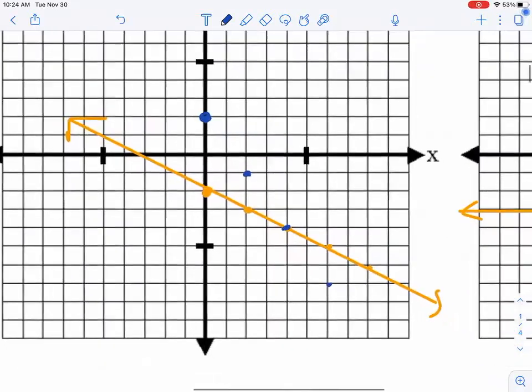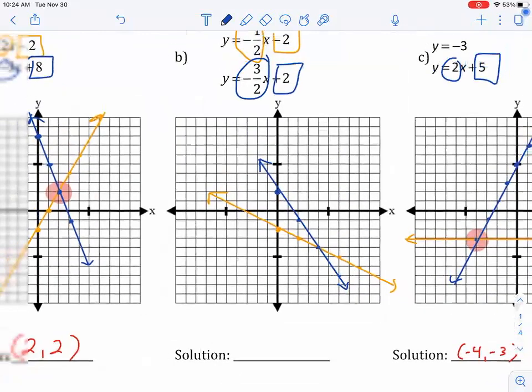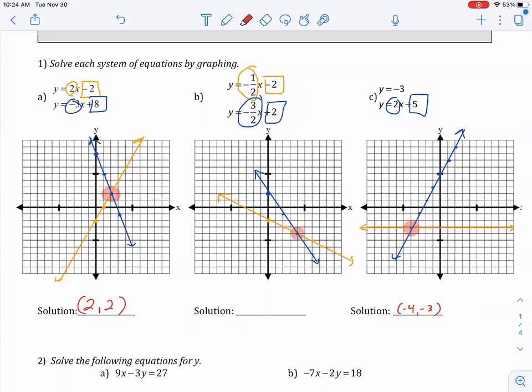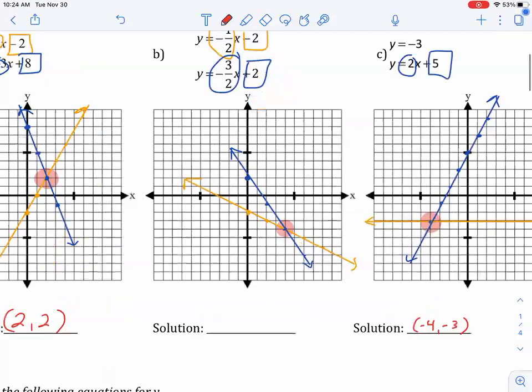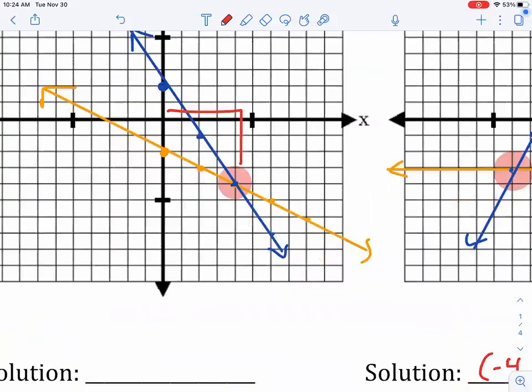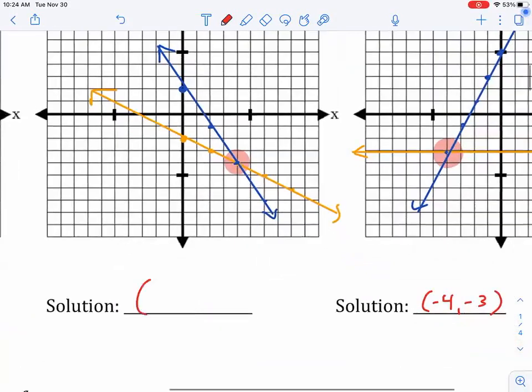And so now I have the blue line coming right here. And so they do intersect, of course, right here. So to get the intersection of those two, I'm going to the right 4 and down 4. And so our solution is at (4, -4).